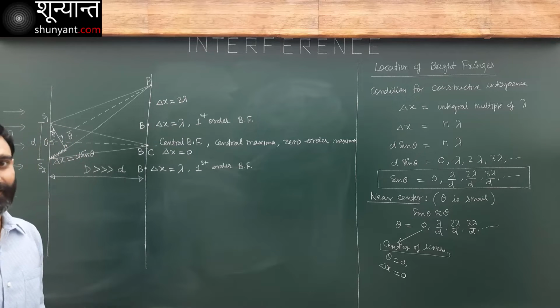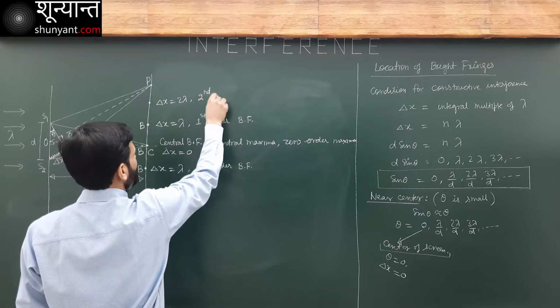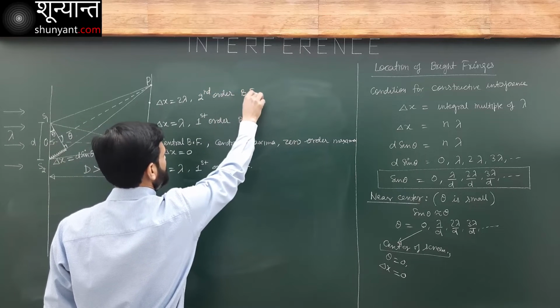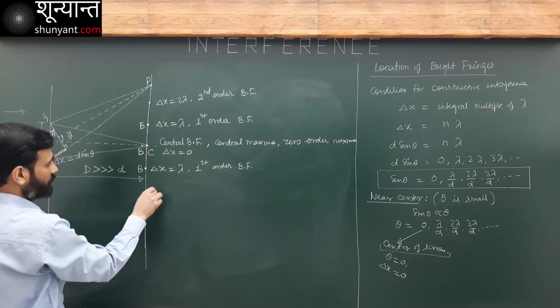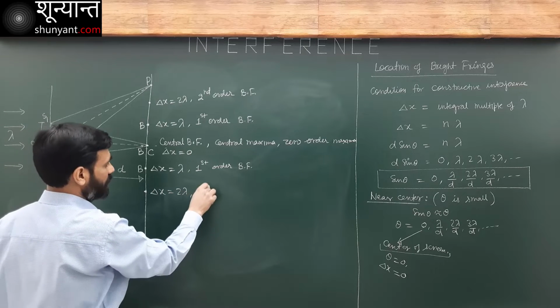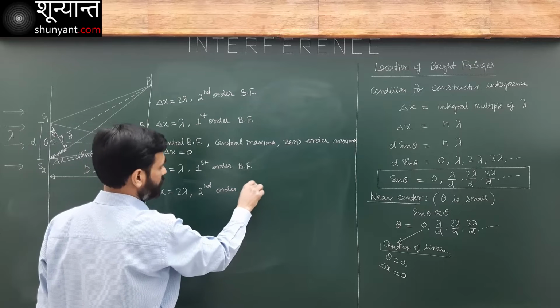Here I will get the second order bright fringe. Similarly here also, at some position it becomes 2 lambda. It is known as the second order bright fringe.